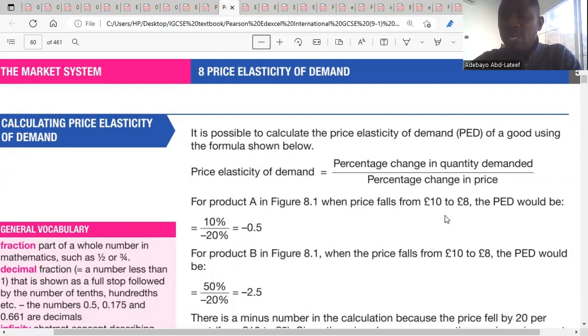To find the PED: Q2 700 minus Q1 500, over Q1 500, divided by P2 8 minus P1 10, over P1 10. 700 minus 500 is 200 over 500, divided by 8 minus 10, that is minus 2 over 10.